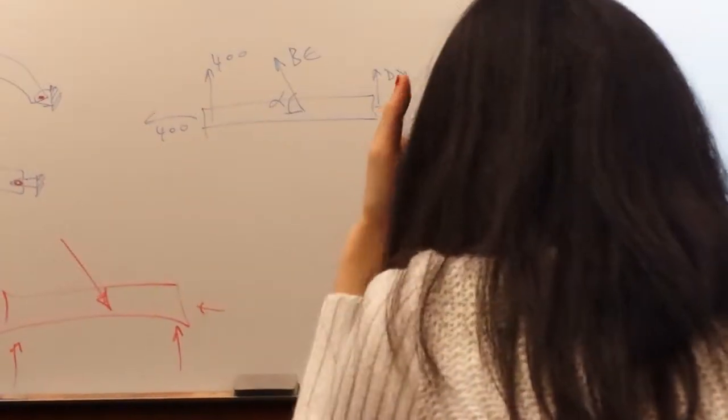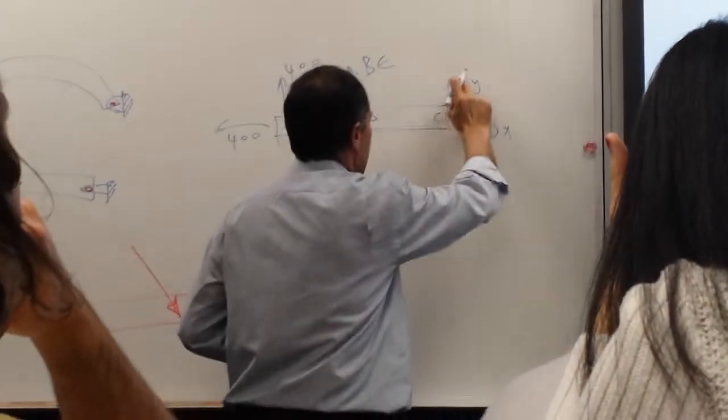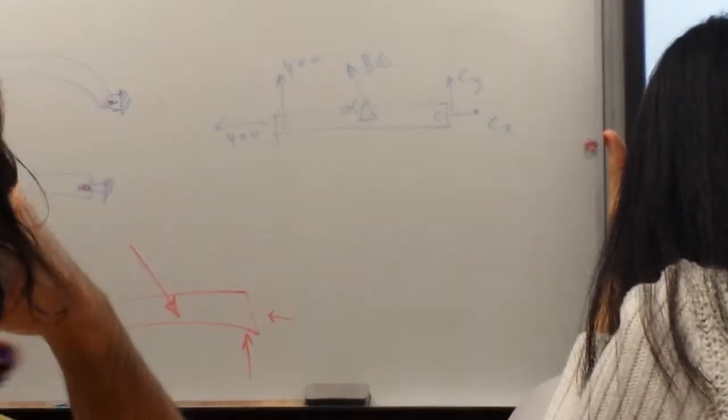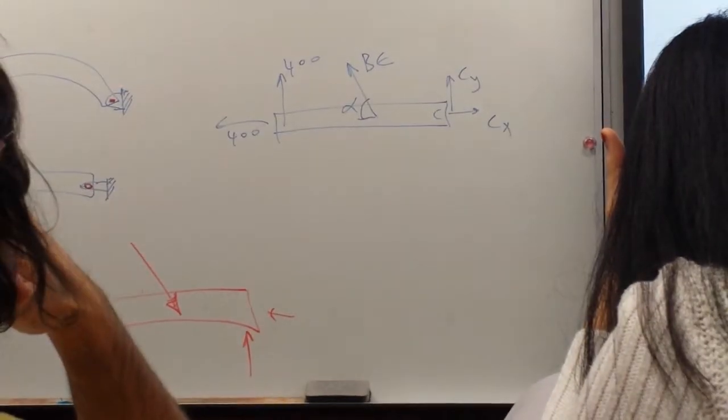Correct? Agree on this part? This is C. Then this is our Cx and Cy.